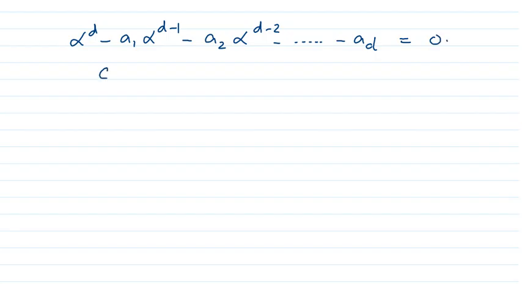This is called the characteristic equation. People must have read about it in Laplace transformations and homogeneous solutions, right? So this is basically the characteristic equation for the given recursive equation.